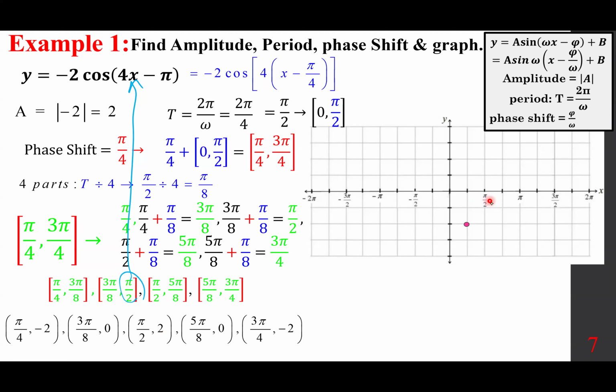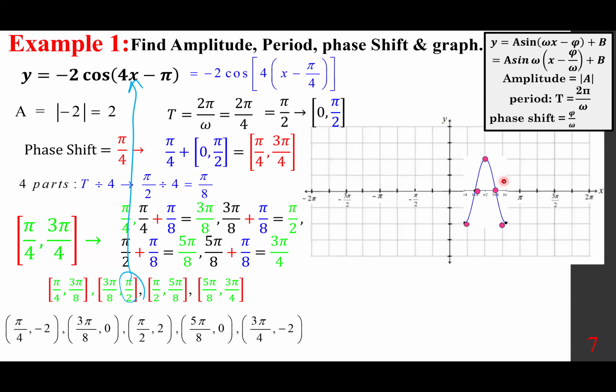Now pi over 2, 2 is here, everybody. And 3 pi over 8 is in between. So it's in between. It's hard to see. And pi over 2 is 2. 5 pi over 8 again is in between. And 3 pi over 4 is this one.